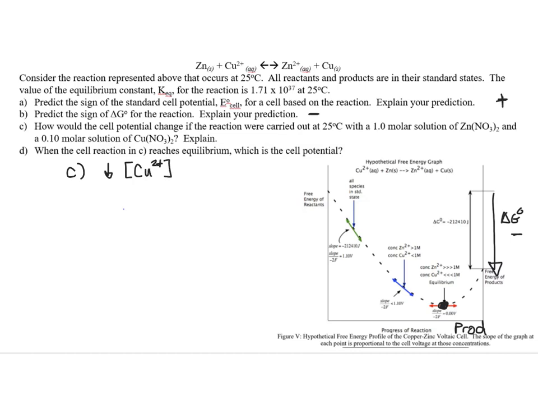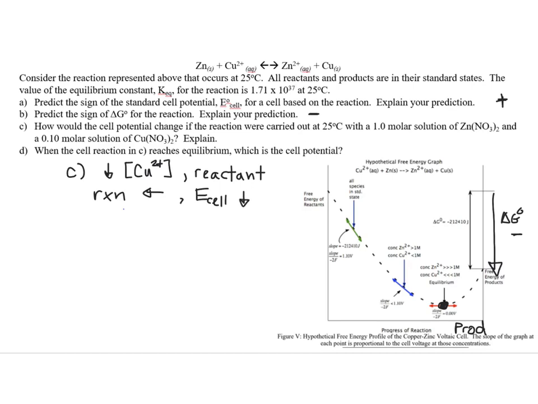So basically we decrease the concentration of a reactant. That means the reaction is going to shift more in the forward direction, and the E cell, and notice I didn't use the little not sign or the degree sign this time because we're no longer at standard conditions, it will be less.